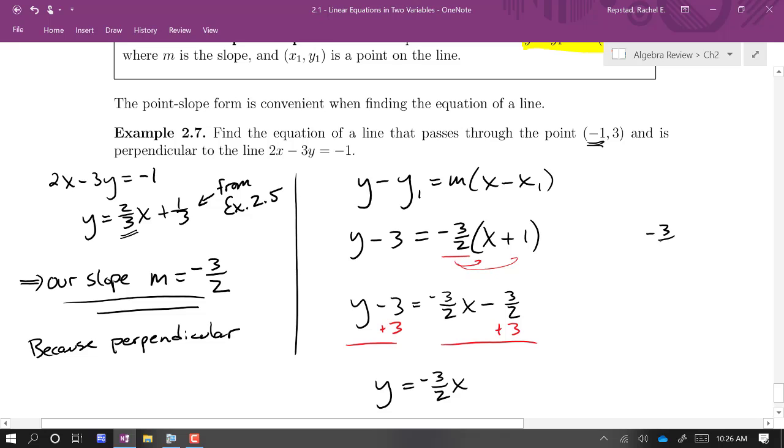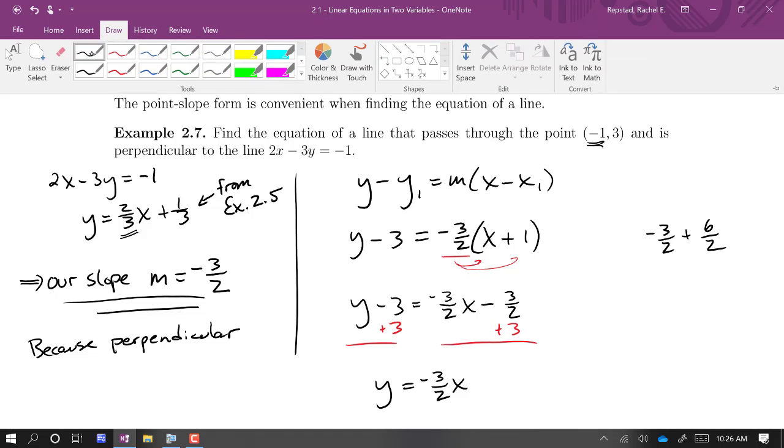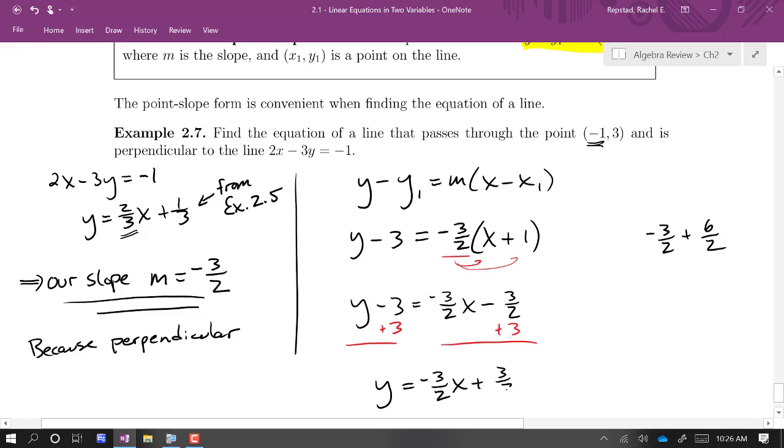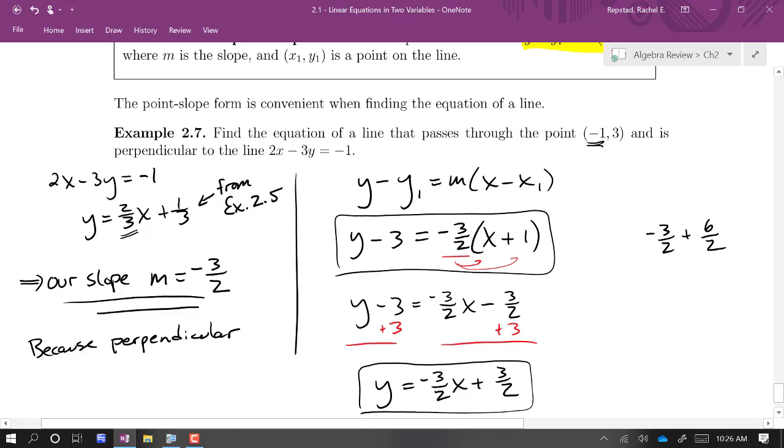And negative 3/2 plus 3 is 6/2, so that's plus 3/2. So you could leave it in this form or in this form.